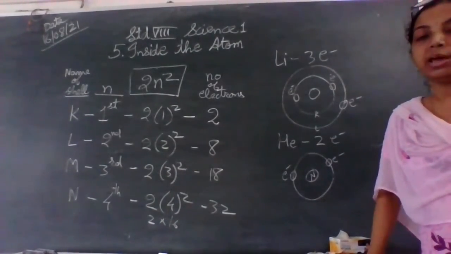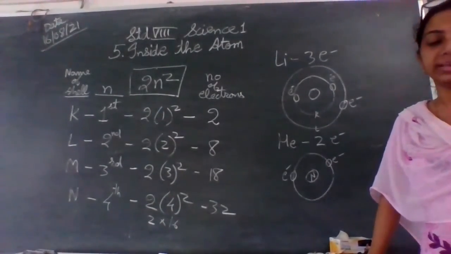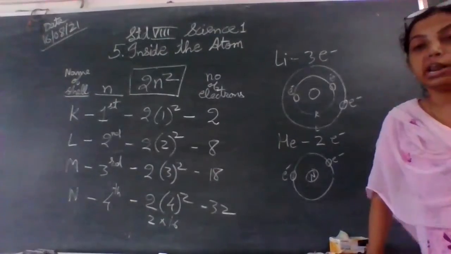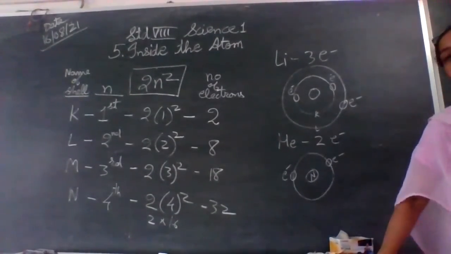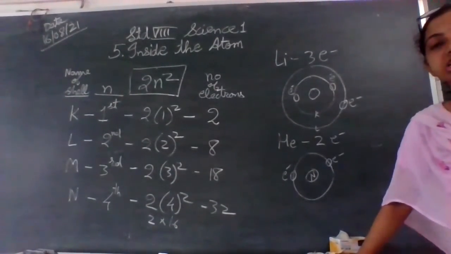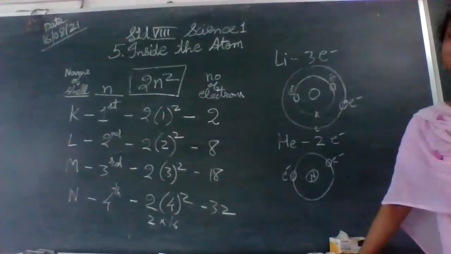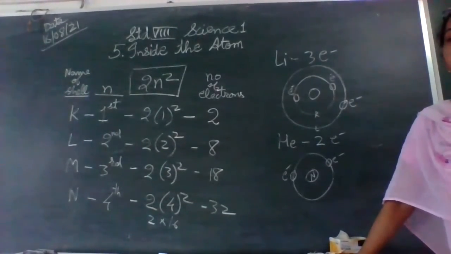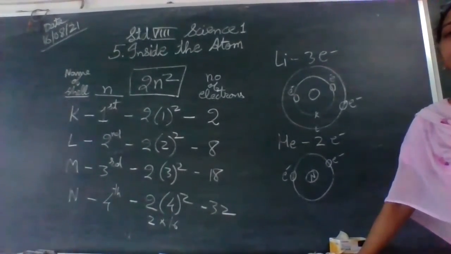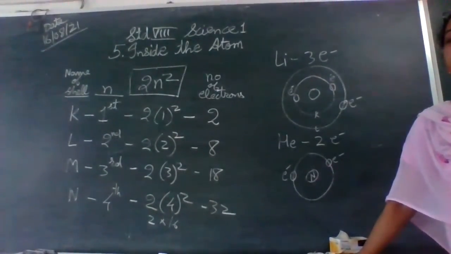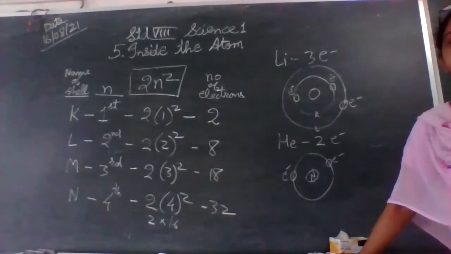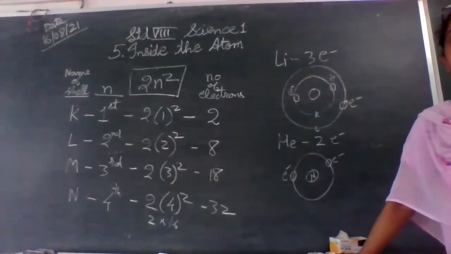That way we can complete a chart of elements, showing how many electrons they have and how they are divided into first, second, third and fourth orbits, or K, L, M, N shells.